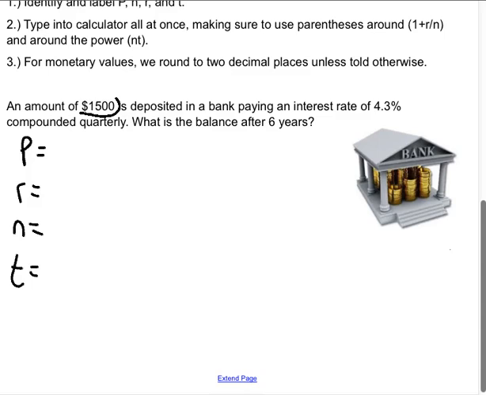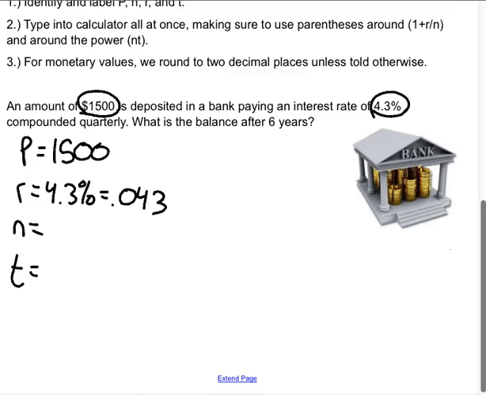I'm starting with $1,500. That's how much I'm handing the bank. My interest rate is 4.3%. So of course, as a decimal, move it over twice. You get 0.043. Quarterly is going to be an n of 4. There's 4 quarters in a year. And my time frame is 6 years.